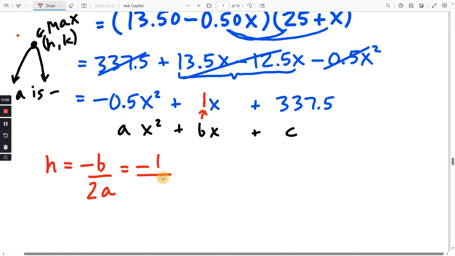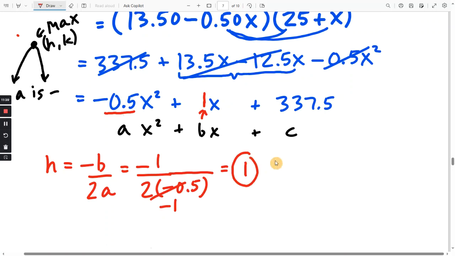So it's negative 1 over 2 times a. We can see a is negative 0.5. Two times negative half is just negative 1. Negative 1 divided by negative 1 is 1. You want to take that h and plug it in place of x.